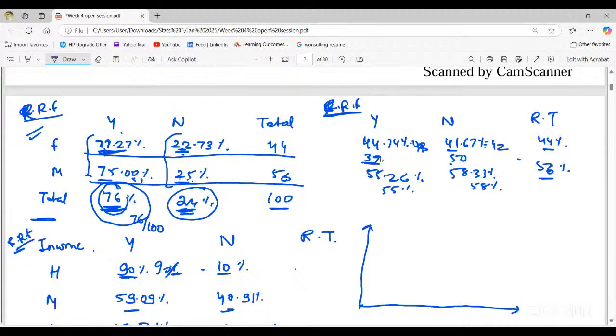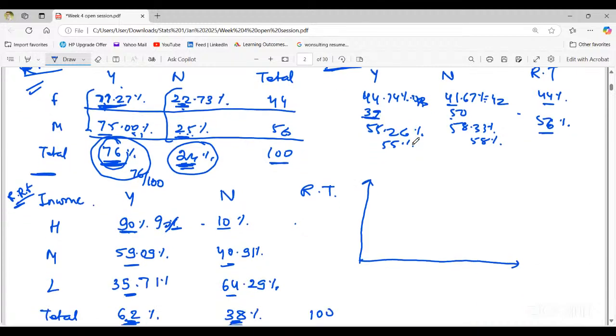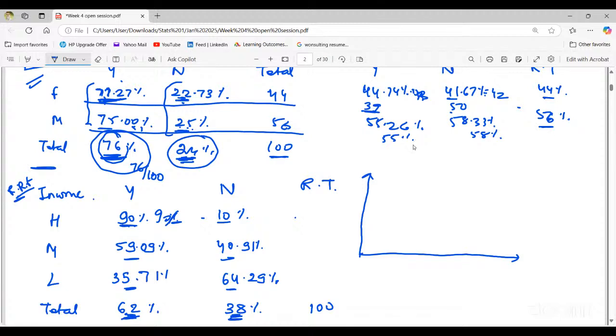So I'm making a stack bar chart. How do you make a stack bar chart? I have two categories, female and male, and the numbers are like 20, 40 and 60.